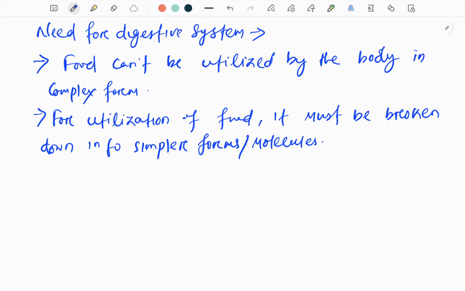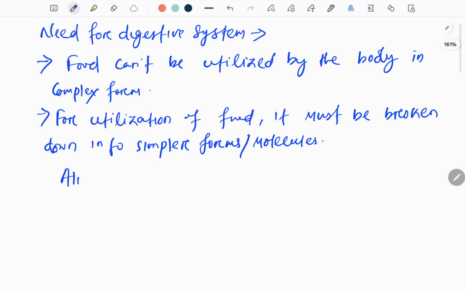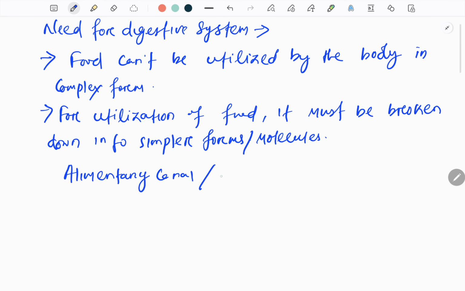Okay, so now coming to the digestive system, which we call the alimentary canal or digestive tract. So what are the organs in this digestive tract? The first organ is mouth.